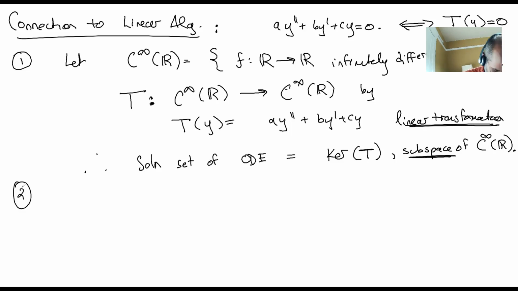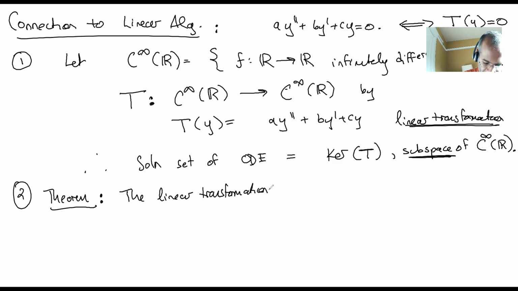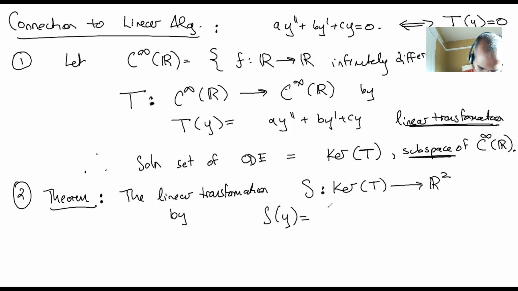The second connection, which is different, is something we've hinted at already in the homework and the exams. It's the following theorem. There's another linear transformation, S, that goes from the kernel of T to R2 by S of y is just y of 0, y prime of 0.